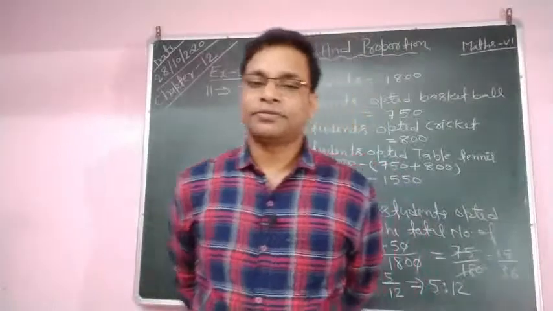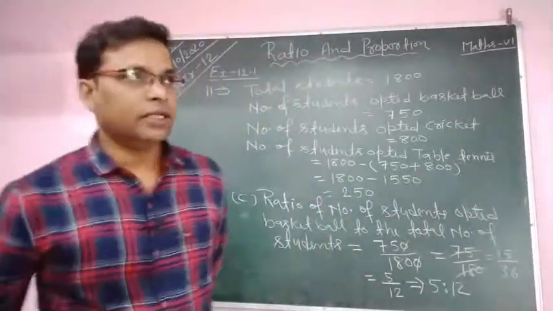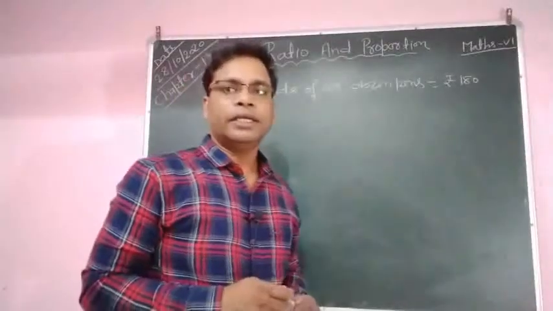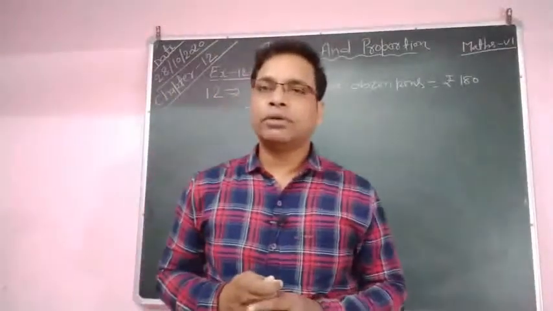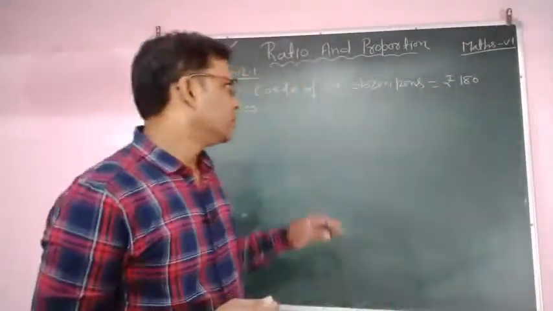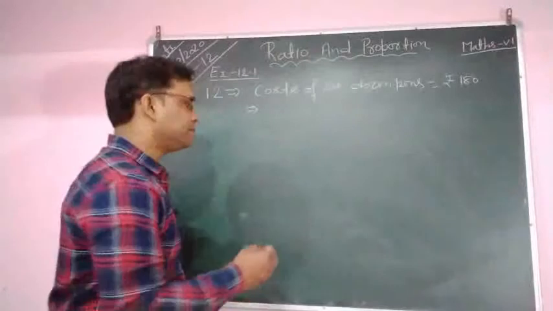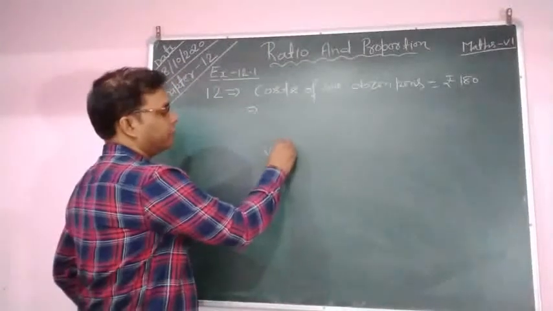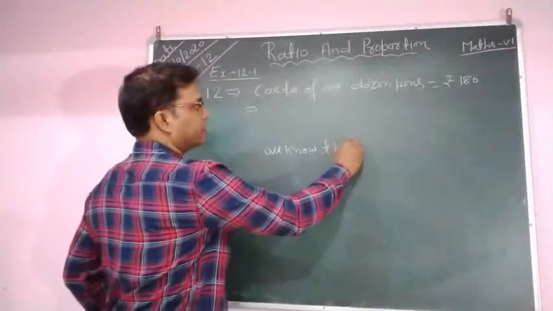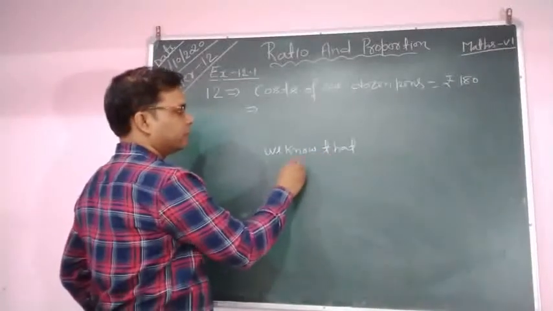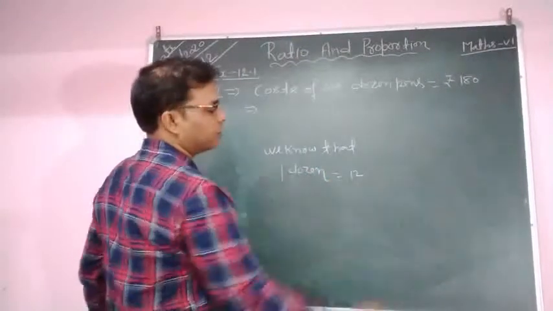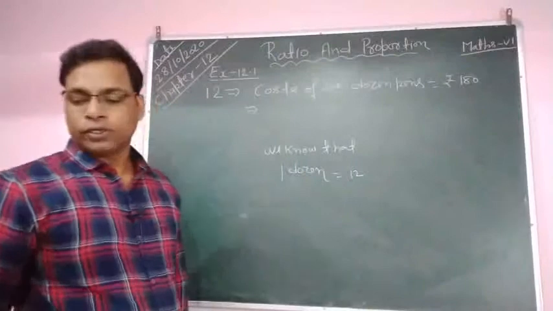So let's see how we can find their ratio. In this question number 12, the cost of 1 dozen pens is 180 rupees. We know that 1 dozen is equal to 12.